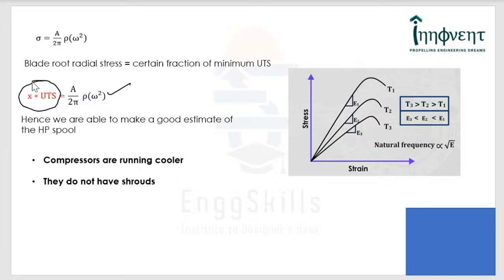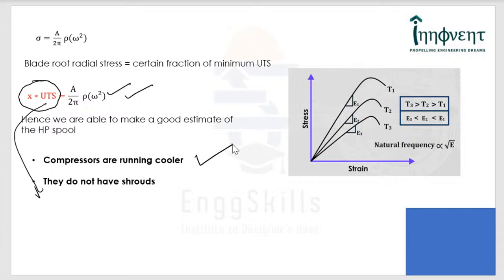Let me again stress the point that because of the temperature, the UTS is brought down, and the minimum UTS must be used, and that gives us the estimate for the operating speed. Now the question is, can we apply the same to the compressor?